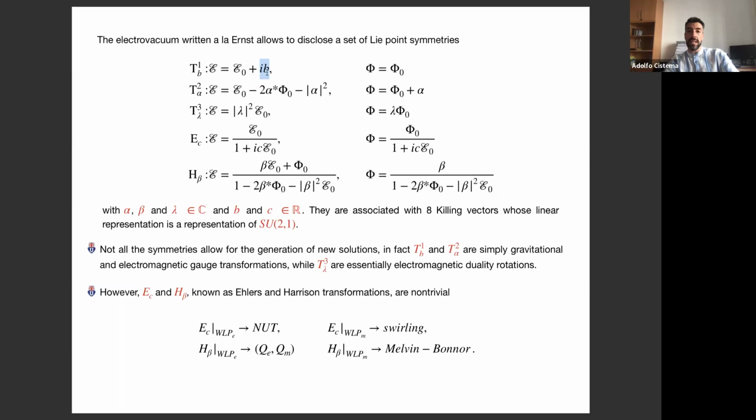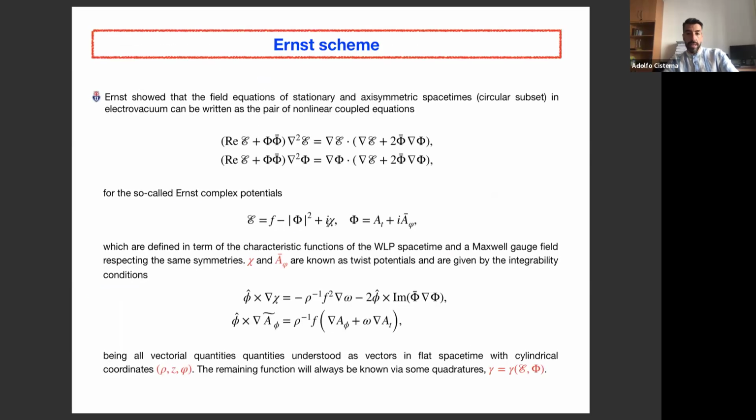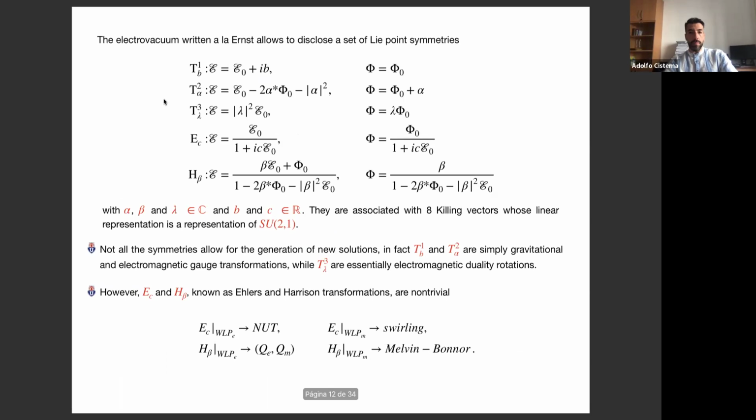This will produce nothing else than a change of coordinates, because if you see here, the complex part is given by this chi. So basically, I'm modifying chi. But if chi is a constant, there is not going to be any back reaction on the form of the rotation, because this guy is a constant. So I'm not introducing rotation, not introducing anything. I am simply modifying by a gauge the gravitational potential.